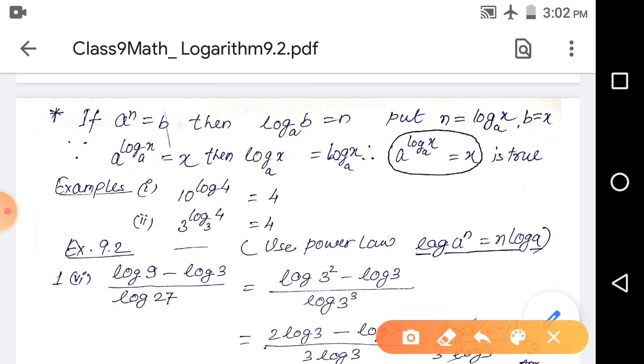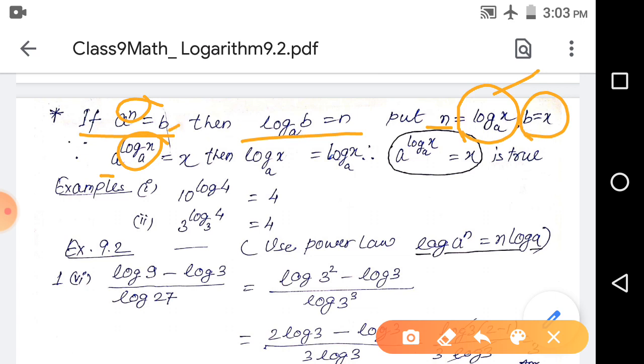Now we have the first condition in exponential form, and we have the logarithmic condition. Suppose we are substituting the values, like we have put here n equals log base a of x. That means for this n we are substituting this value, and for this b we have taken x.